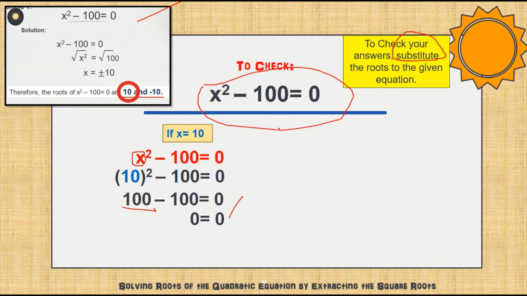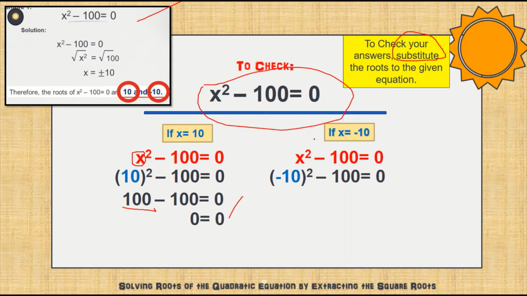Let us test the another root which is negative 10, if x is equal to negative 10. So, katulad kanina, okay, copy the given, x squared minus 100 equals 0. Then, substitute the value of x to the x ng given natin. Okay, and then, simplifying further, what is negative 10 squared?